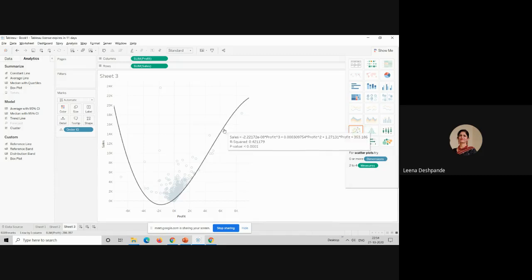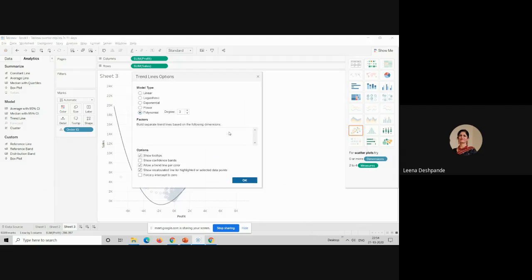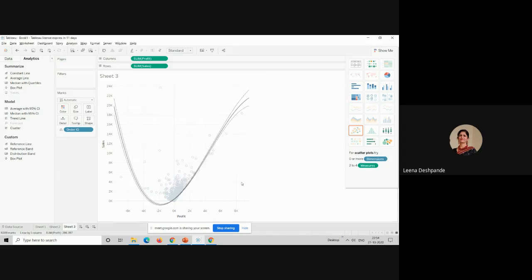If you want further analysis, you can also go to forecast. You can even show the confidence level. You can select up to 90 to 95 and then get the different equations. You can also describe a trend model.